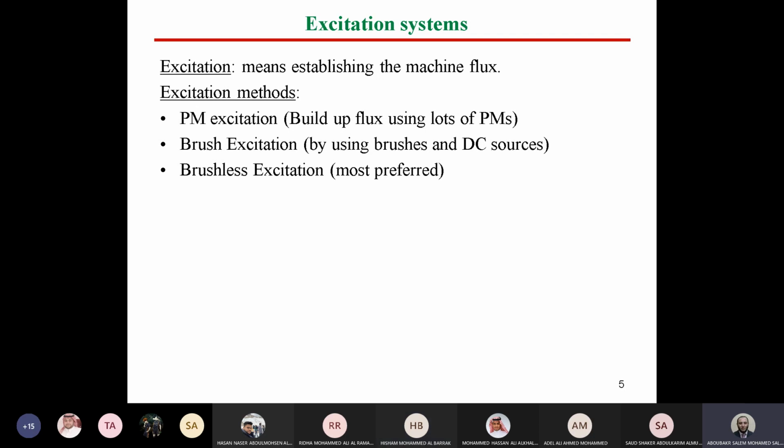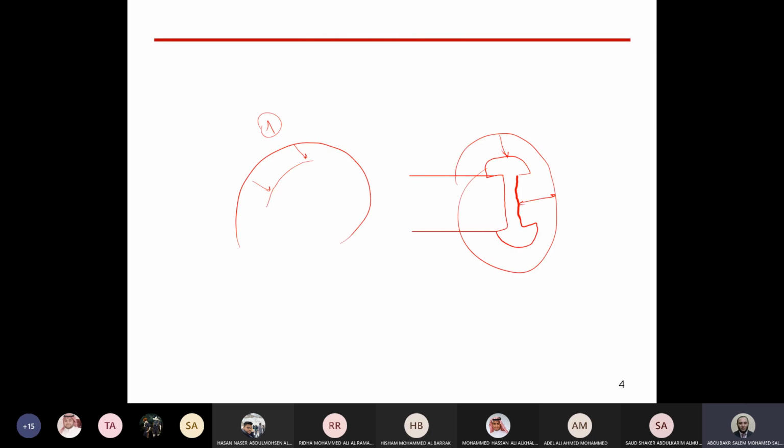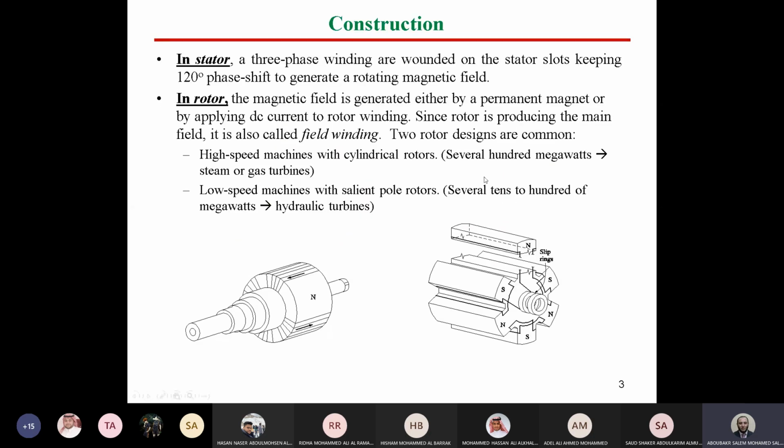The application is low speed. For instance, we have high speed in gas turbines and steam turbines. However, low speed is in hydraulic turbines and wind turbines.